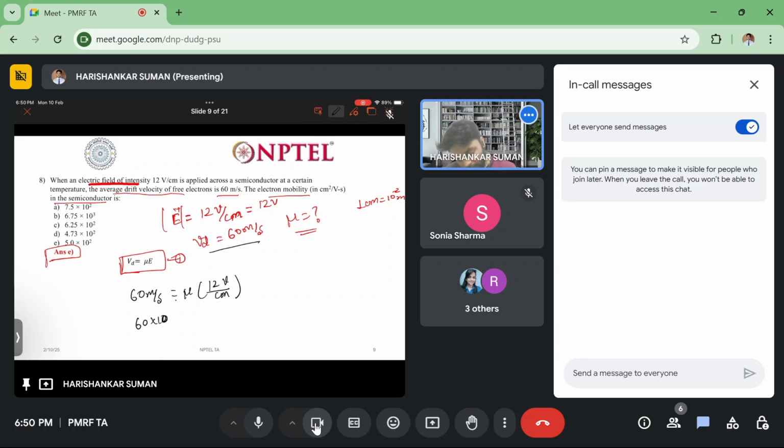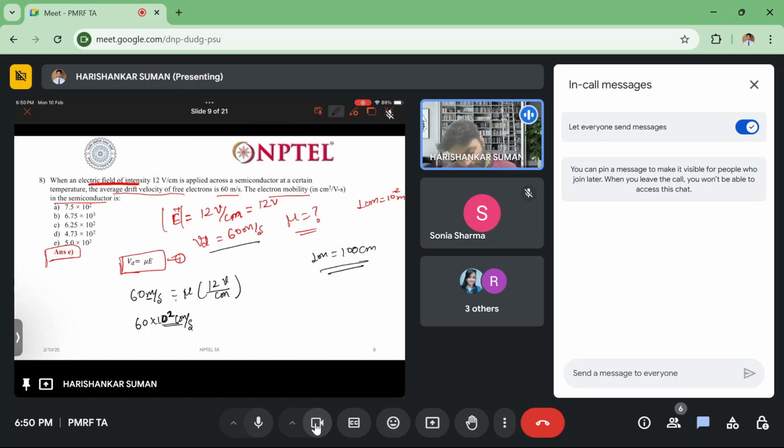Let's convert. 1 meter equals 100 centimeter, so this is 10 to the power 2.